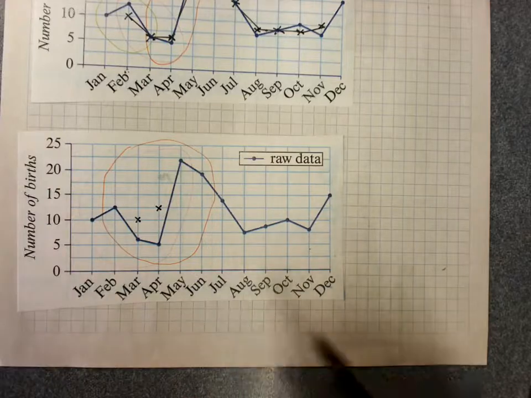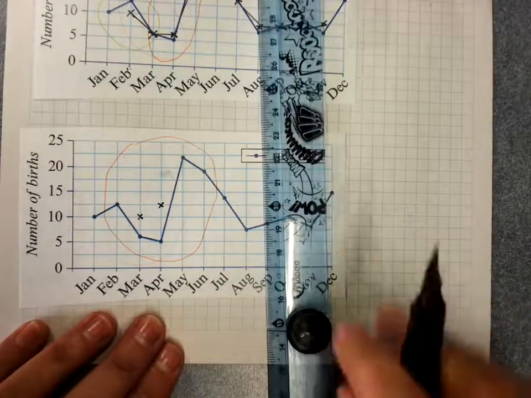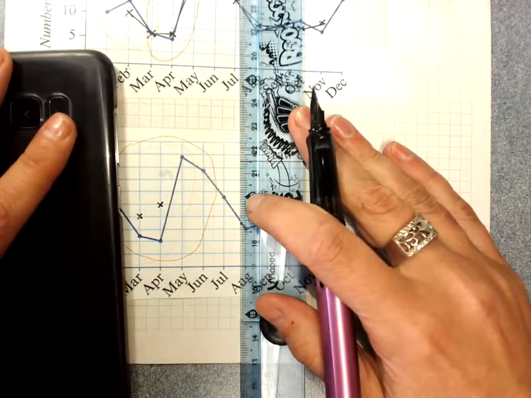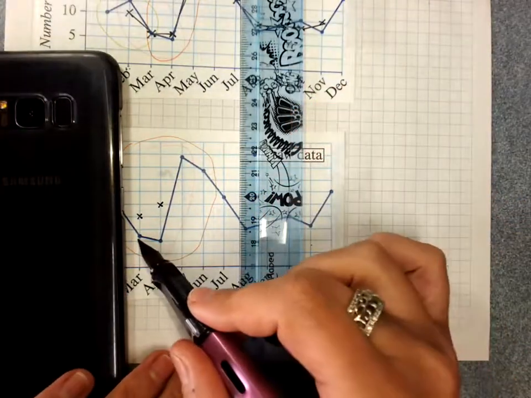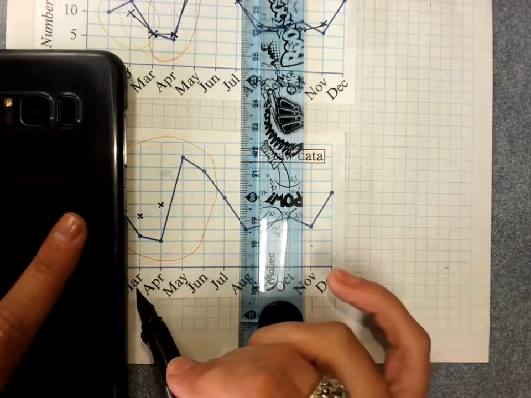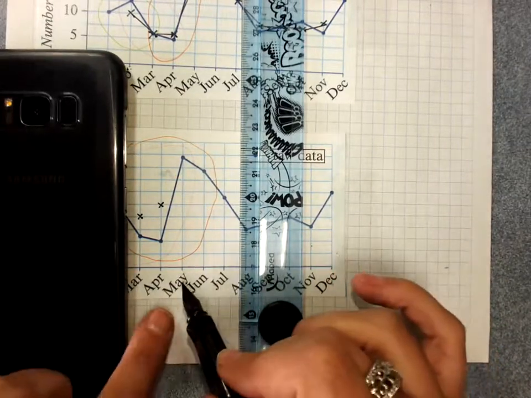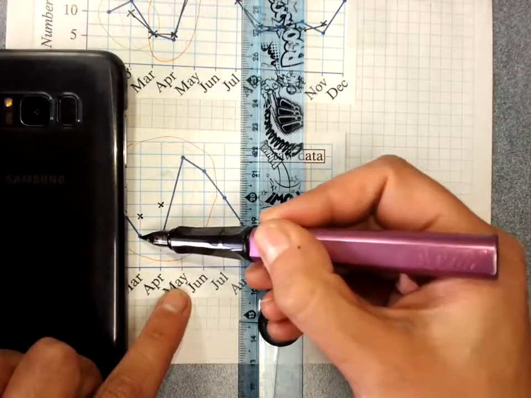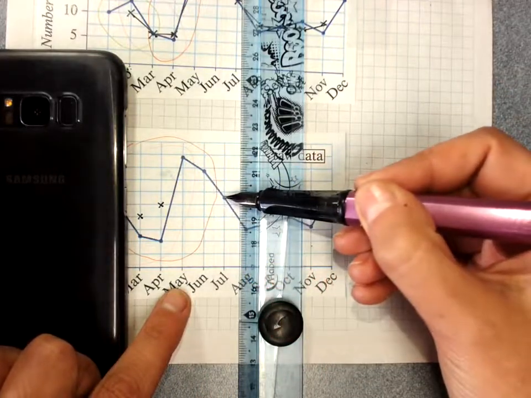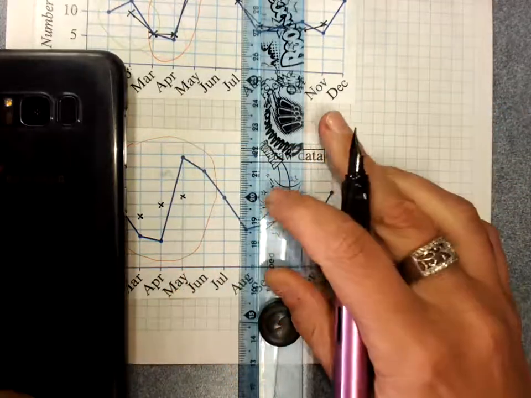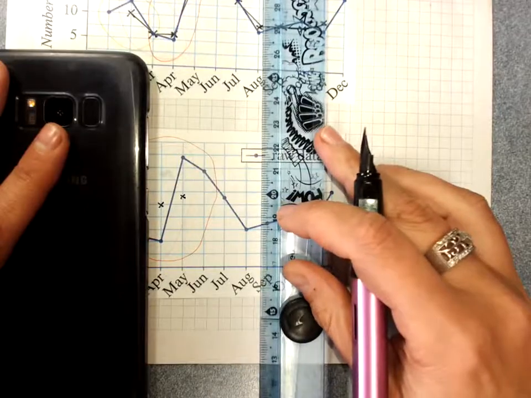Next set of data. Remember, if you want to, cover up the ones you're not using. Check that you've got 5 points. 1, 2, 3, 4, 5. This one, March, April, May, June, July, centers on May, and I want the third point moving up. 1, 2, 3. Move across.